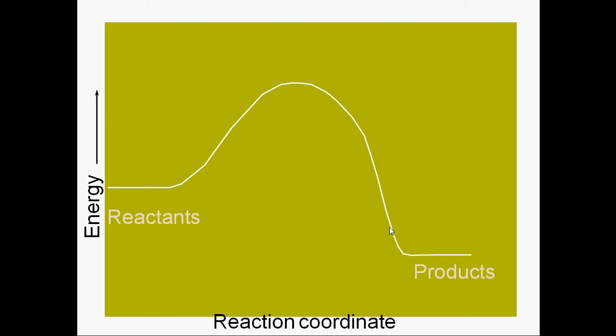Okay, so along the y-coordinate here, we've got the energy of our substances, and along the x-coordinate, we can kind of think of it in terms of time, as time goes forward. So on the left-hand side, we've got the energy of our reactants, the substances that we're starting with, and over on the right, we have the energy of our products.